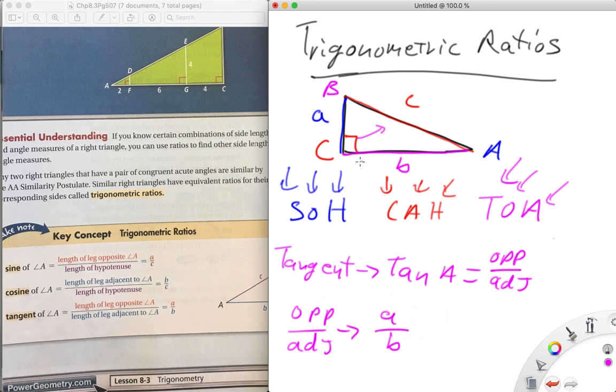So it's going to be whatever touches A that's not the hypotenuse, that is called the adjacent side. So trigonometric ratios are the ratios or the fractions of the sides of a triangle with respect to a given angle.